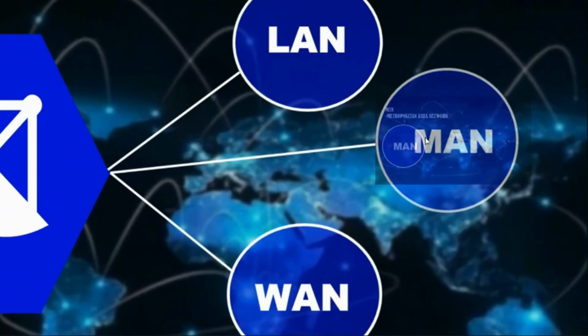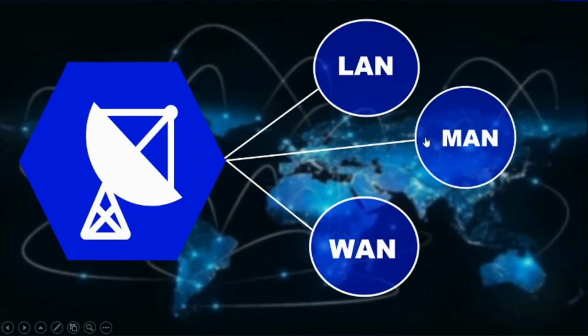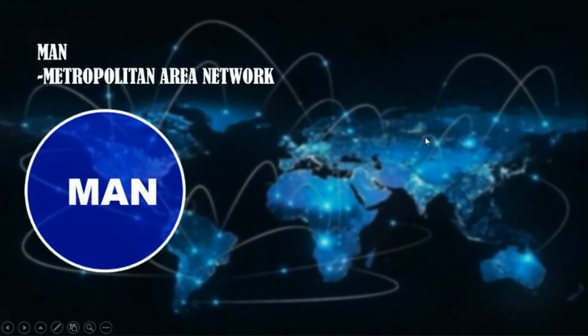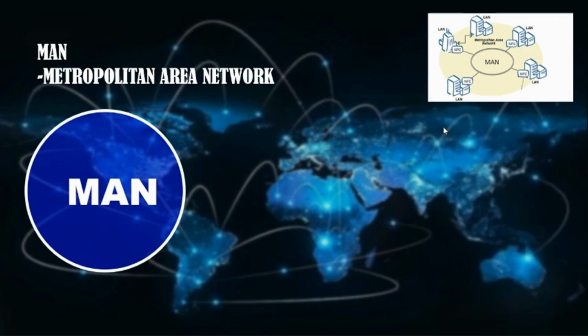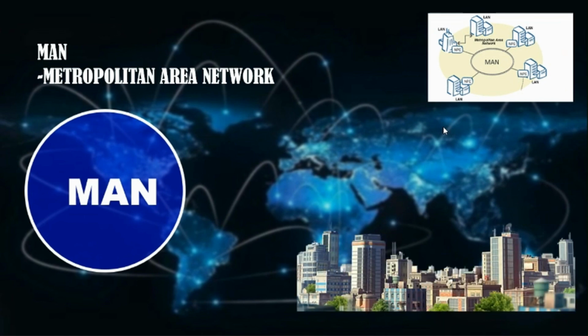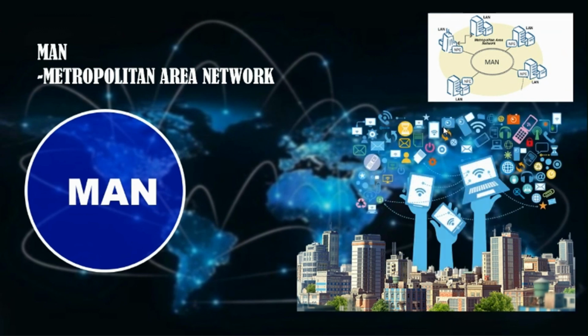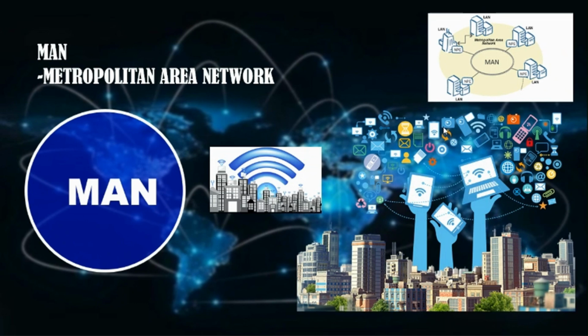Now let's talk about MAN. That means Metropolitan Area Network. Metropolitan area networks mainly consist of interconnections of several LAN networks. In this way, they are a type of medium-sized computer network that connects devices and users in a space such as a community or a city.